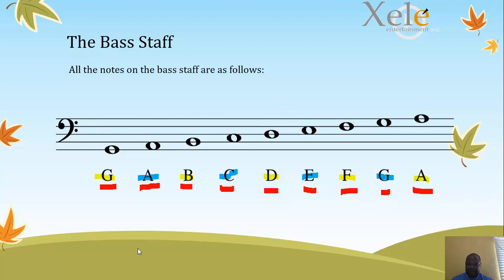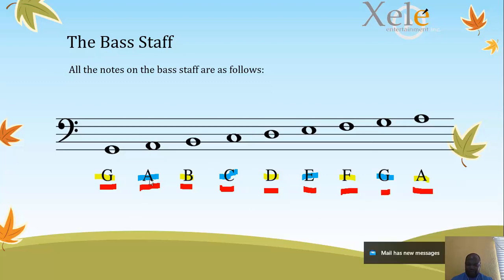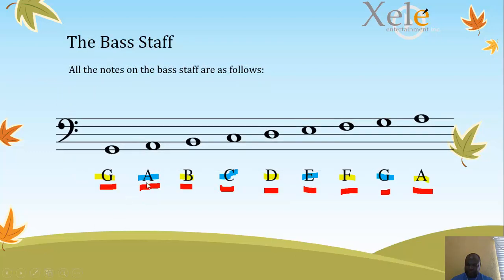Okay, and the spaces are in blue. We'll have all, skip one, cows, skip one, eat, skip one, grass. Altogether we have G, A, B, C, D, E, F, G, and A.